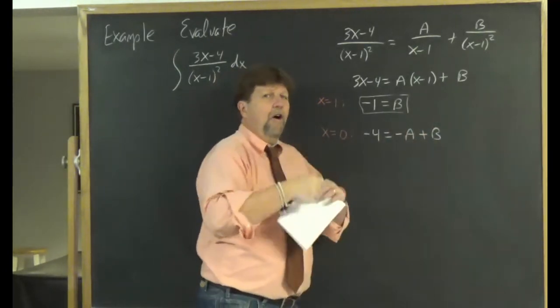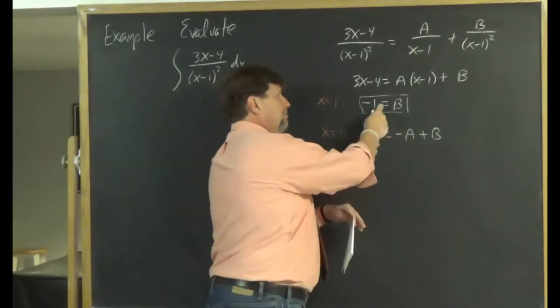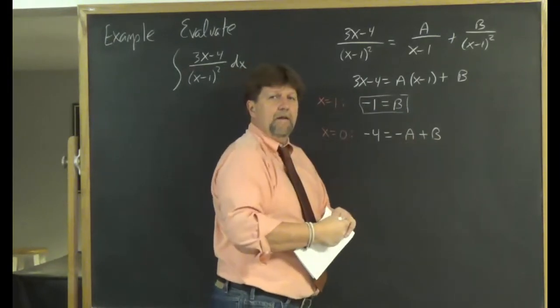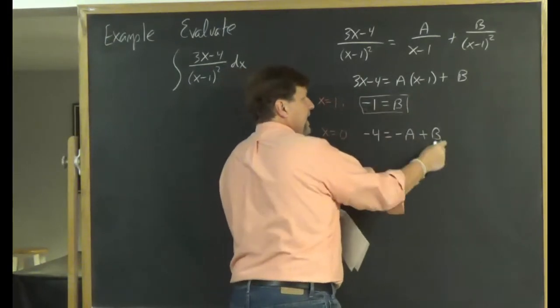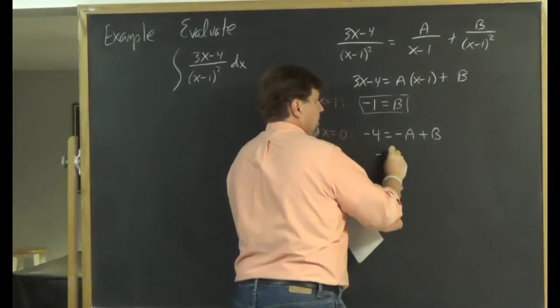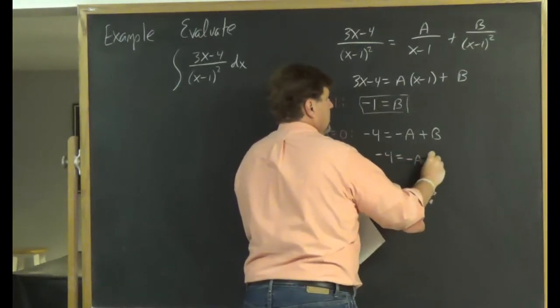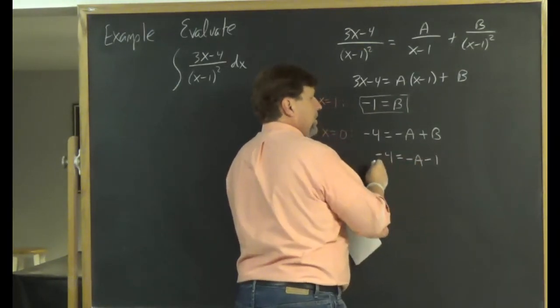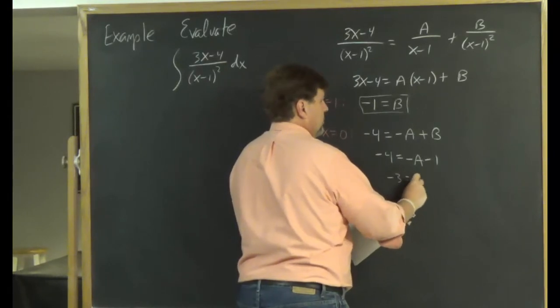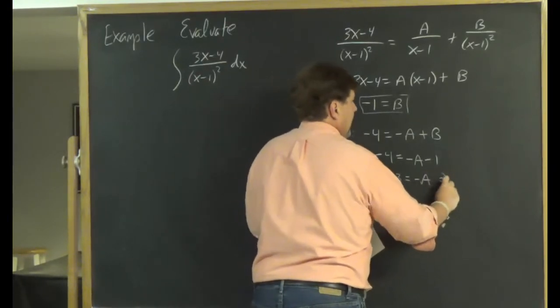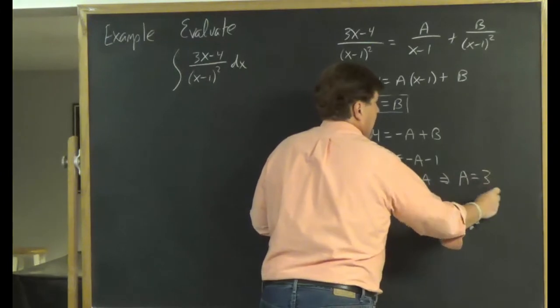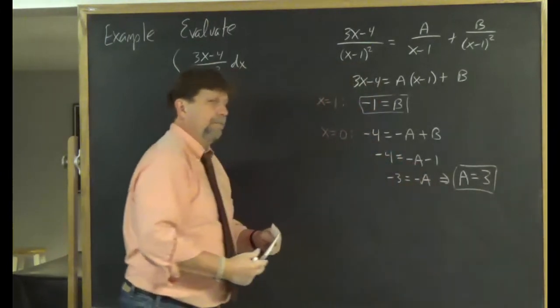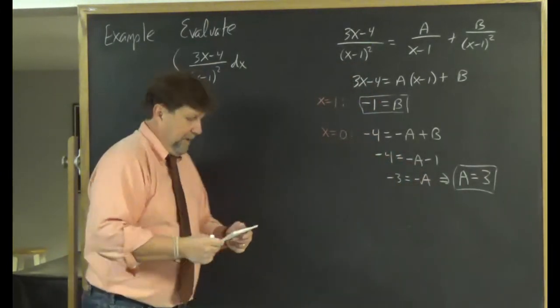But folks, I already know what b is. b is negative 1, so I can just toss that in here for b. And add 1 to both sides. And now I know a has a value of 3. That wasn't too bad.